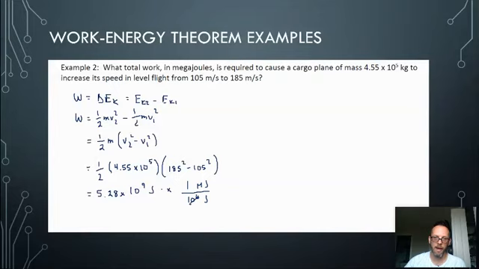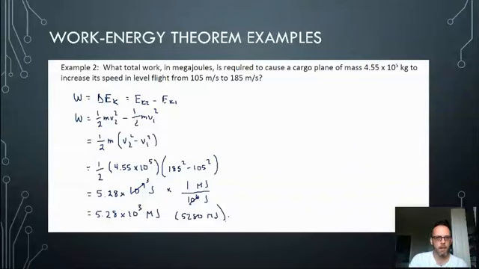So if you divide out a factor of 10 to the 6, you're left with 10 to the 3. So it's 5.28 times 10 to the 3 megajoules, or 5,280 megajoules. So kind of a simple problem, just playing around with the work energy theorem formula.